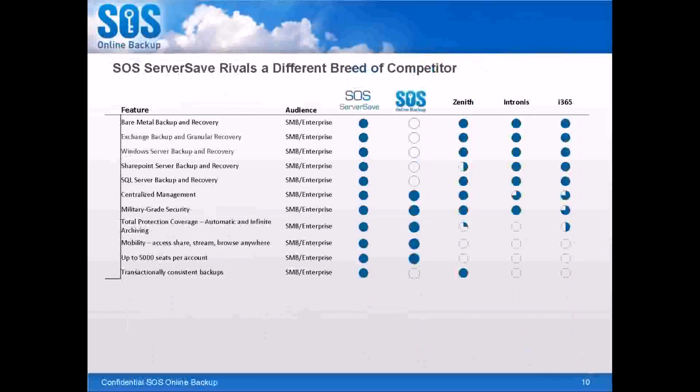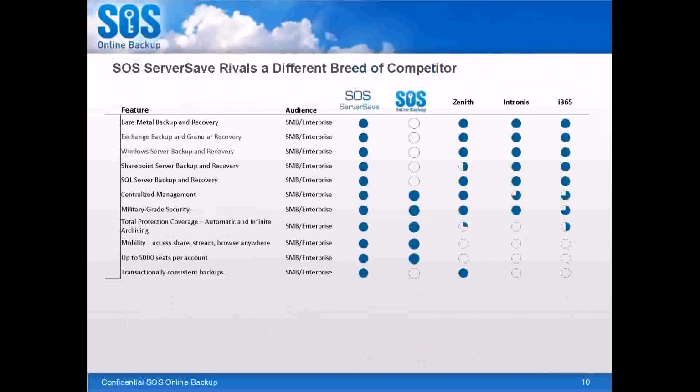You can have up to 5,000 seats. I hope you have clients that big, and I hope you have that many seats to sell. We also offer total protection, automatic and infinite archiving for files and folders, and of course military-grade security. We're really, really proud of our data centers. We encrypt all data locally, in transit, and at the data center.